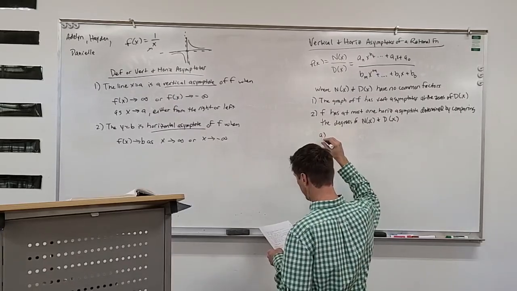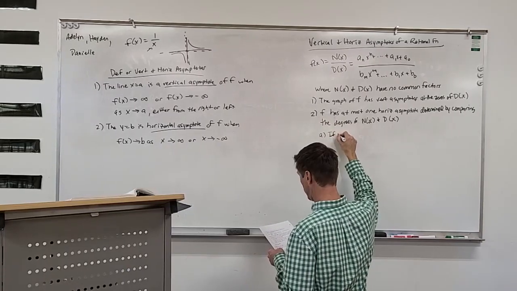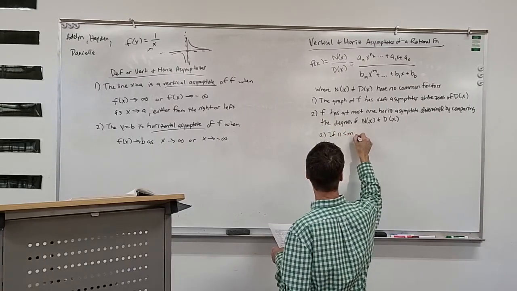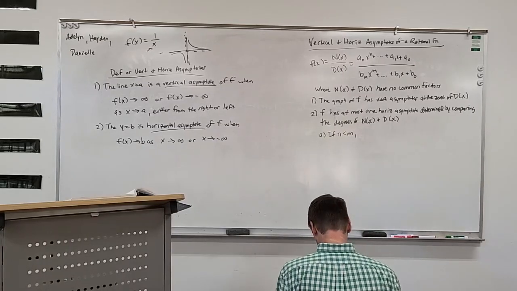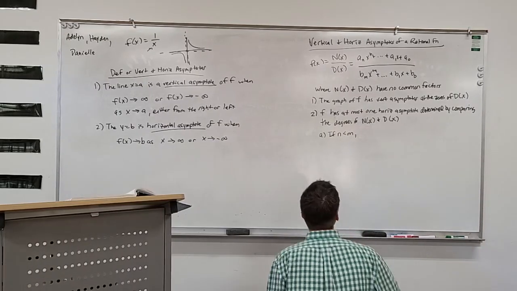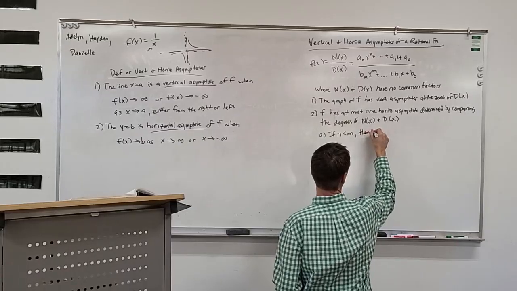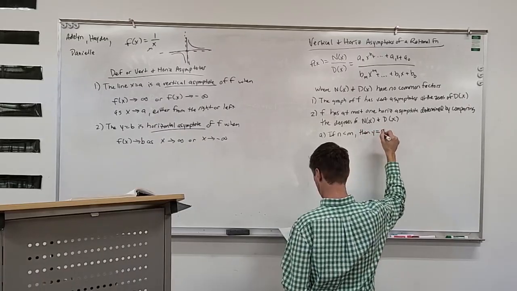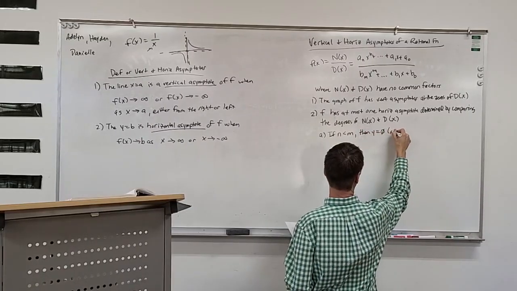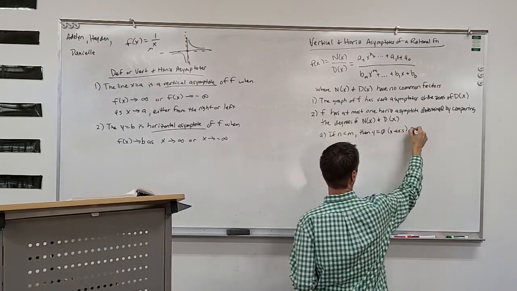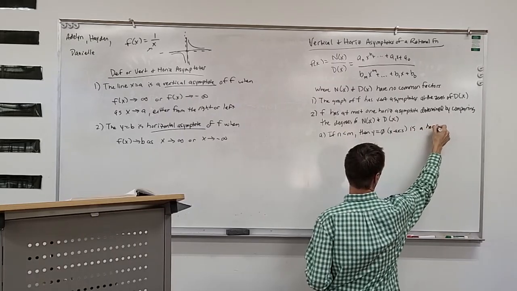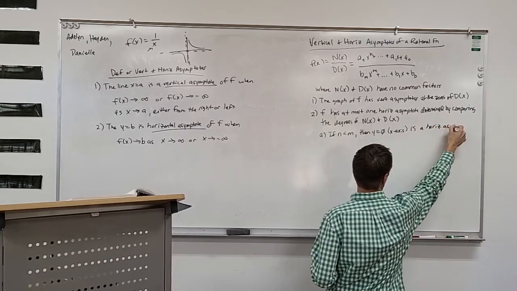As we compare the degrees of those, if n is less than m, so the degree of our numerator is less than the degree of our denominator, then y equals 0, which is the x-axis, is a horizontal asymptote.